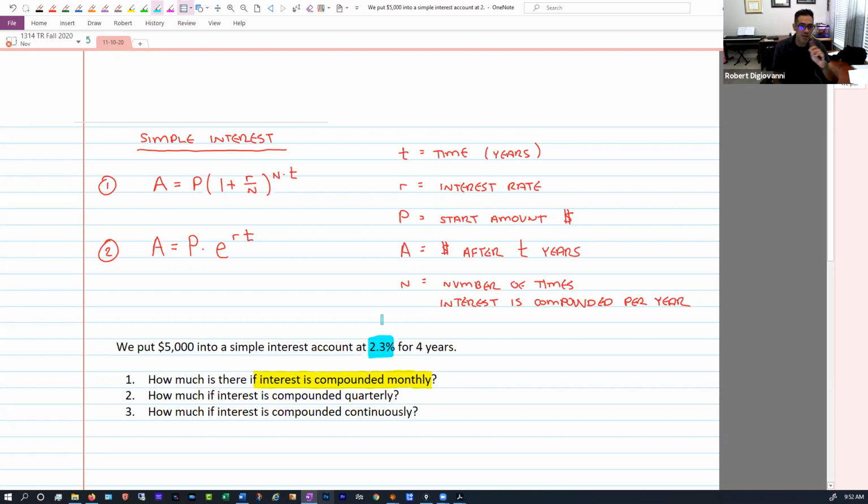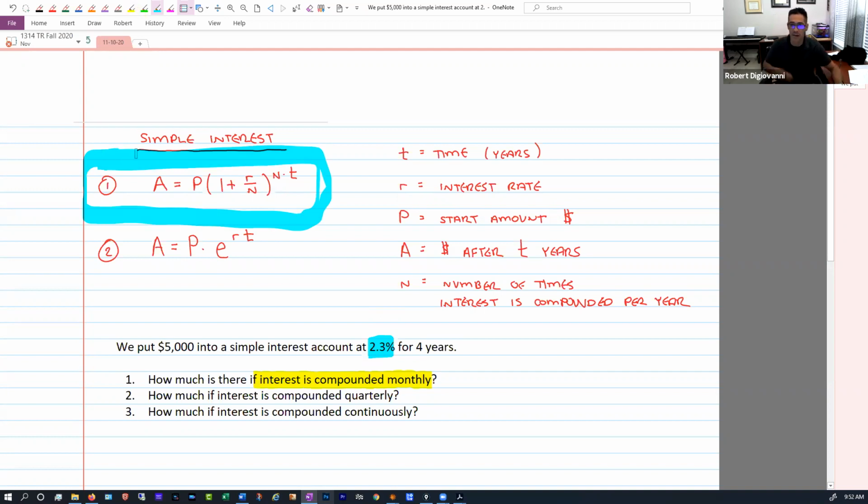So it's 2.3% divided by 12, and they're not doing it on all of your money. They're only doing it on a fraction of your money, on 1/12 of your money. So it's not as good as it looks because they're dividing everything by 12. But the formula we use for that will be this first formula right here. We're going to use this formula to calculate that.